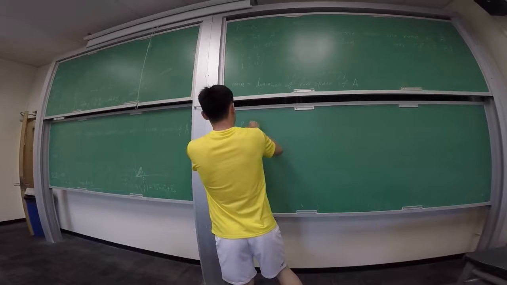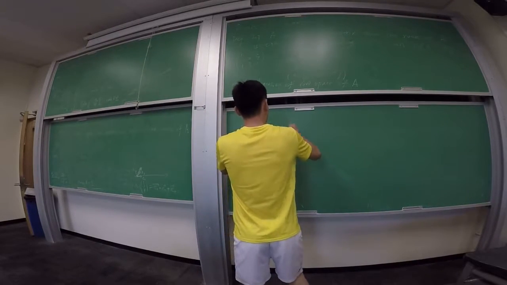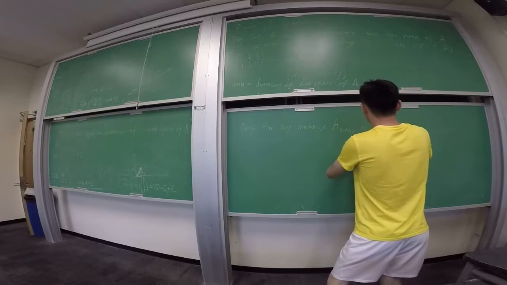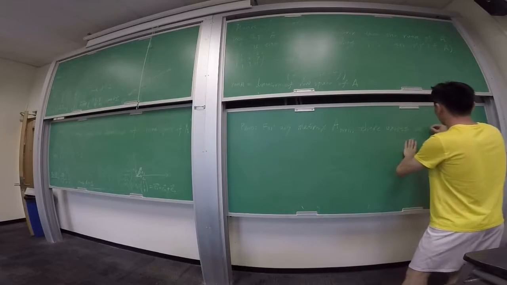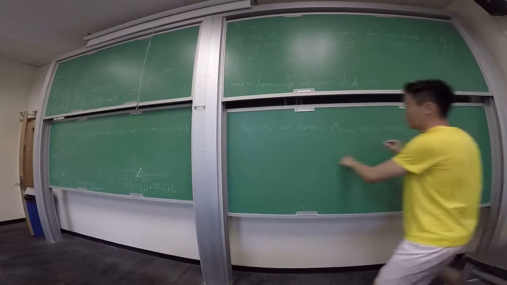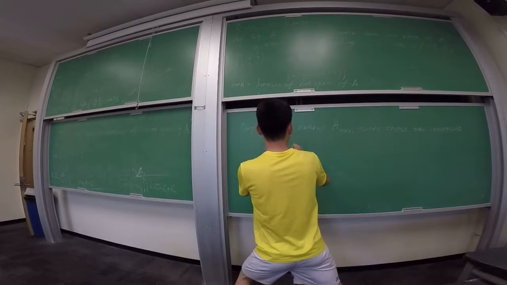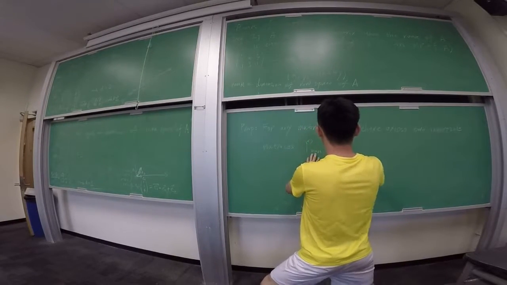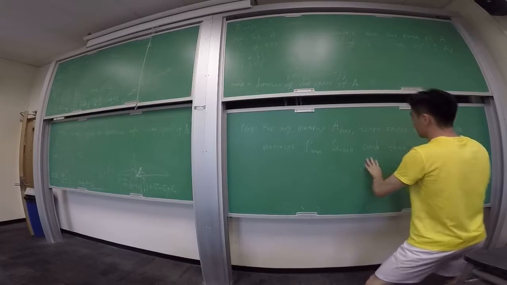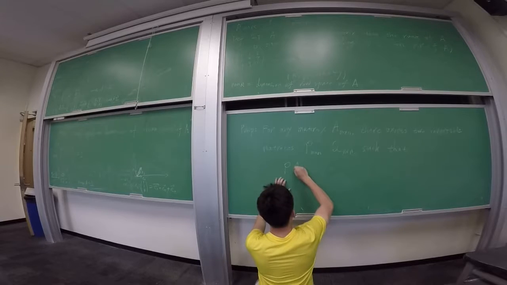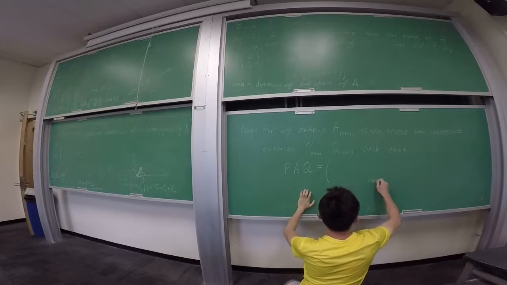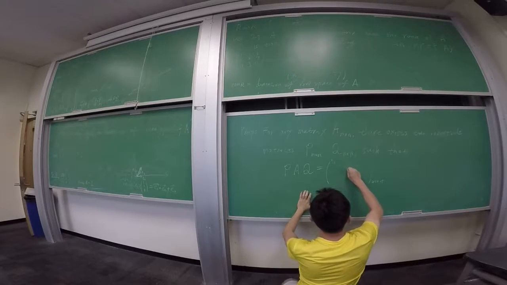Okay, so proposition. For any m by n matrix A, there exist two invertible matrices, namely P, which is m by m, and Q, which is n by n, such that P times A times Q is equal to an m by n matrix with a sub-matrix which is r by r.